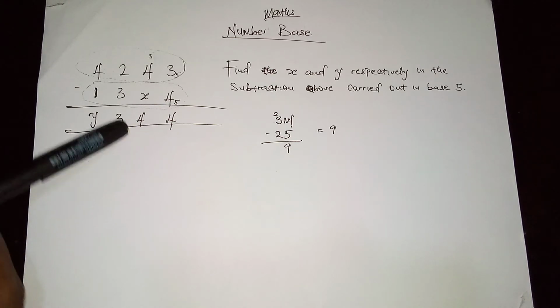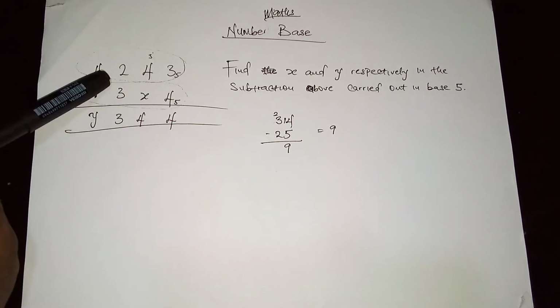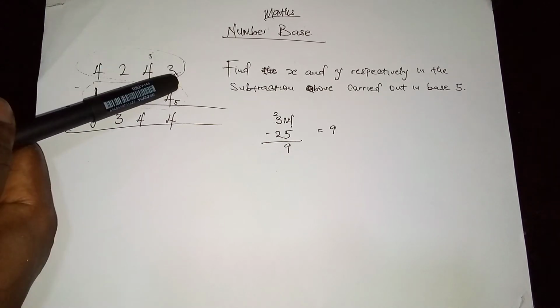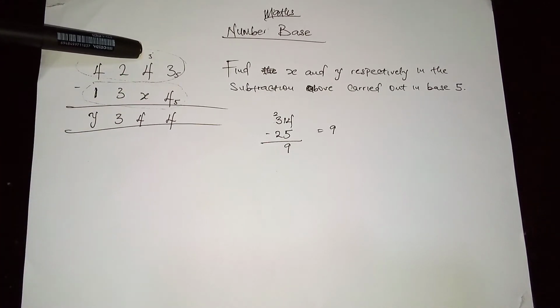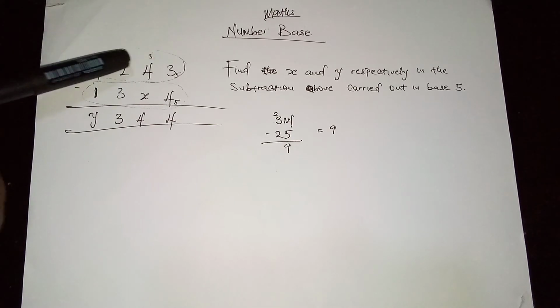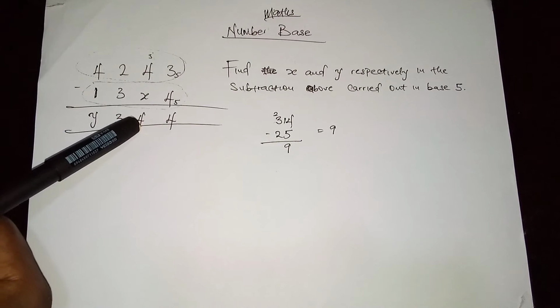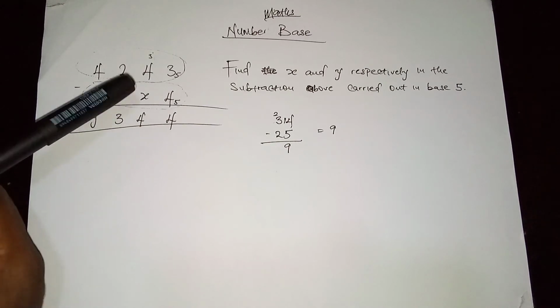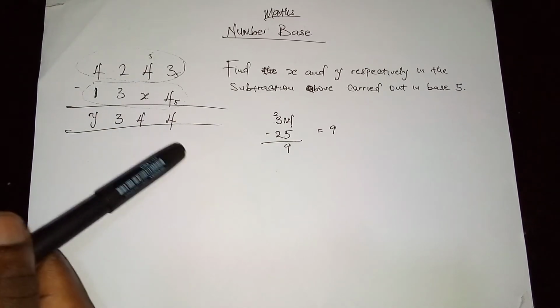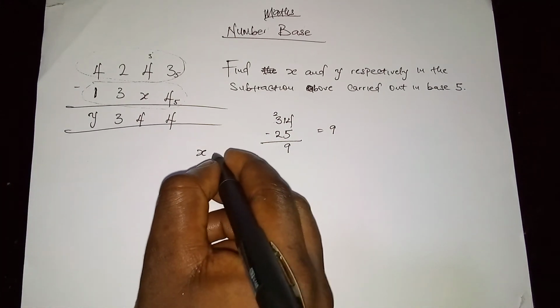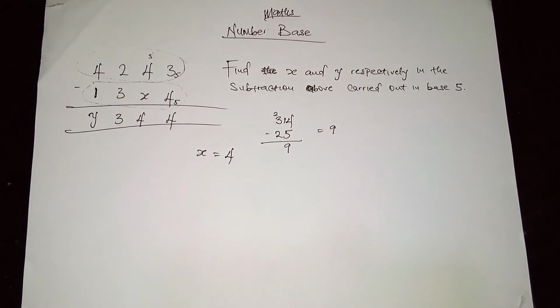Already I can see that 4 is greater than 3, so I have to borrow 1 again from this place, which is equal to 5, my base. Add it to the 3, which will give me 8. Then which number will I subtract from 8 that will be equal to 4? That is 4, because 8 minus 4 is 4. So I've gotten the value for x. x is equal to 4.